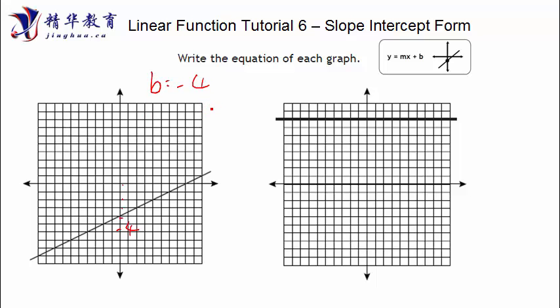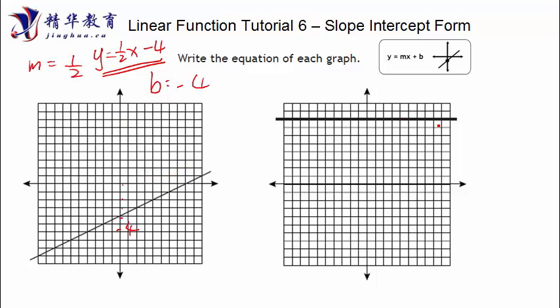And then what is our slope? The slope is obviously positive. When x goes right by 2, y goes up by 1, that means 1/2 is our m. So our m equals 1/2, b equals -4. So we get y = 1/2x - 4. That's how to find the slope-intercept form here.